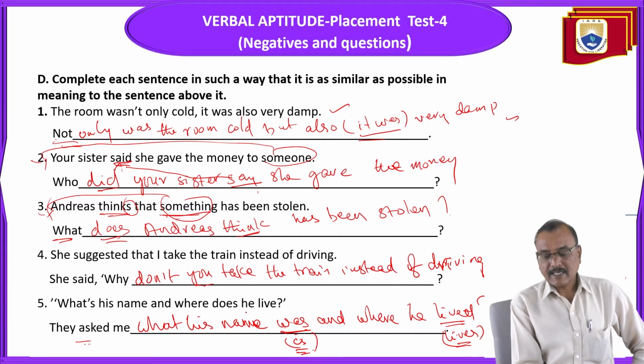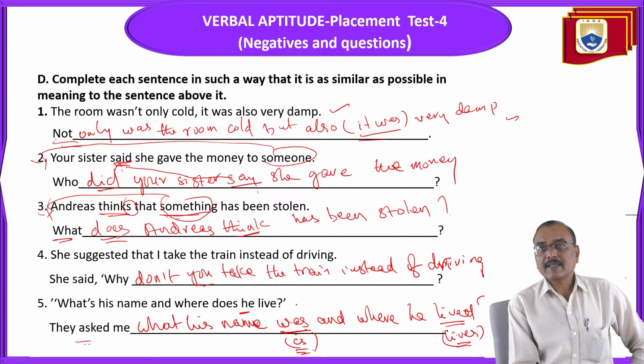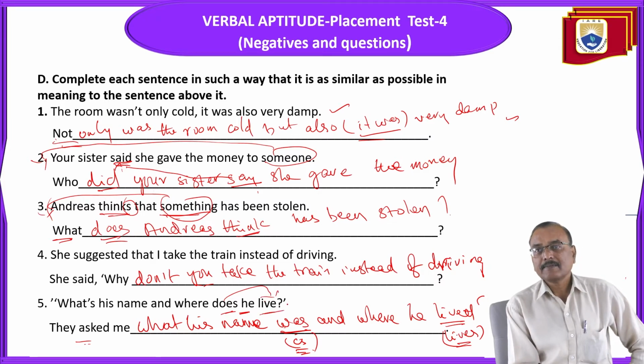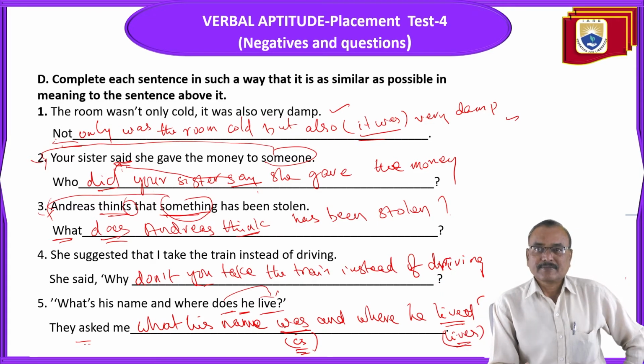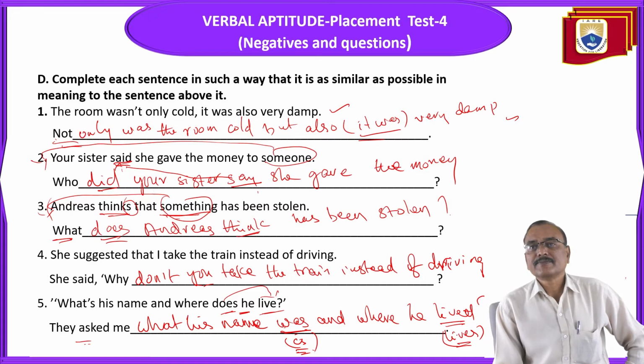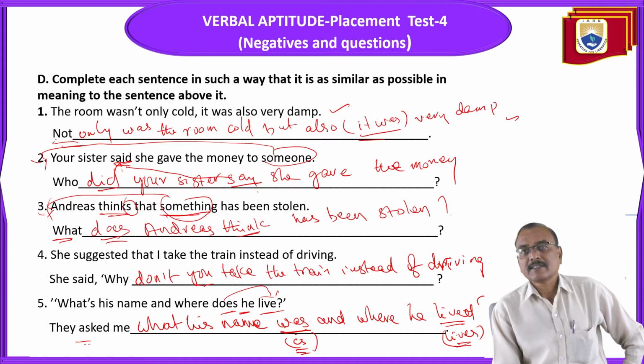Because in the question, the helping verb is before the subject. But in the answer statement, does is mixed with the main verb. Where he lives, if it is permanent. If it is only past, where he lived. Is it clear? Right?